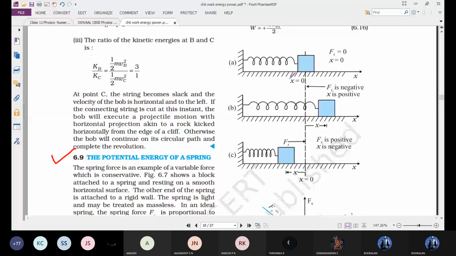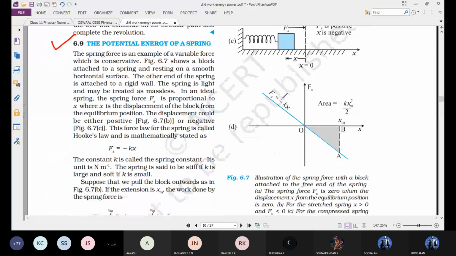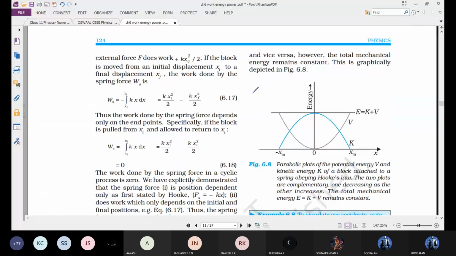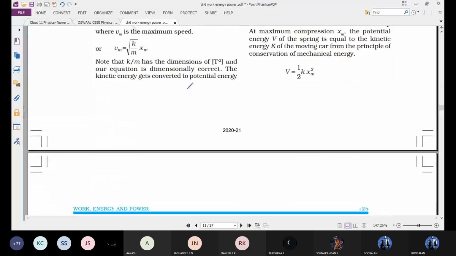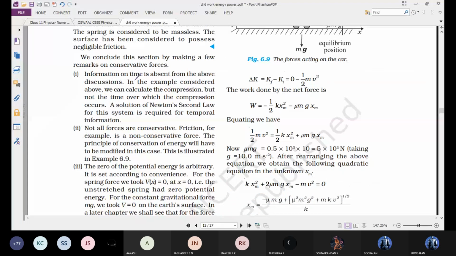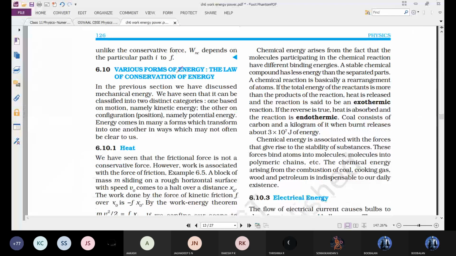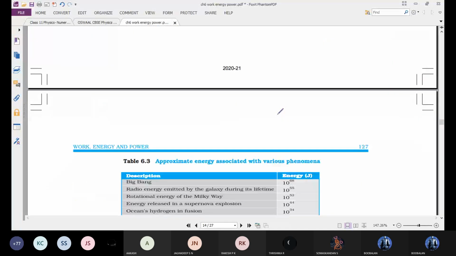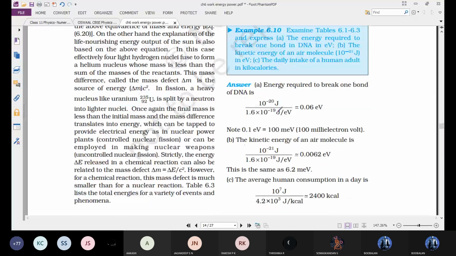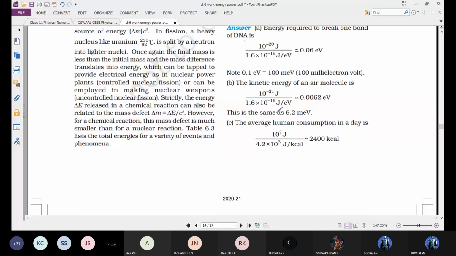So what is conservative force? Related conservative force. The various forms of energy: heat energy, electrical energy, chemical energy, the equivalence of mass and energy, E is equal to mc square formula, nuclear energy. This one, the principle of conservation of energy.